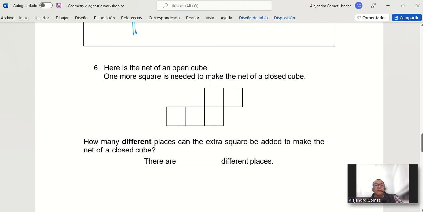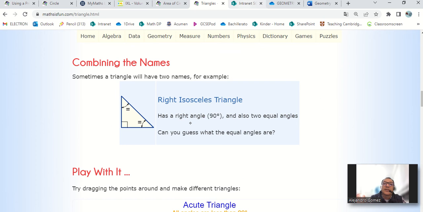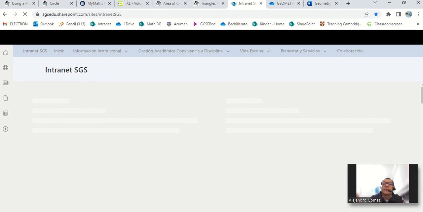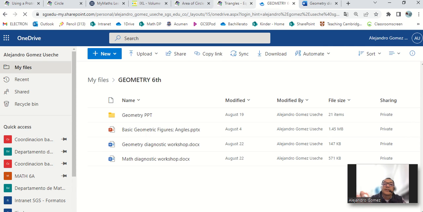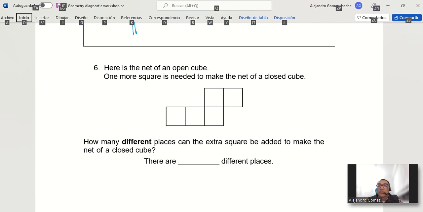Now we move on, and this is the net of an open cube, right? I guess I skipped this exercise because it is basically the exercise we want to solve in our mind.